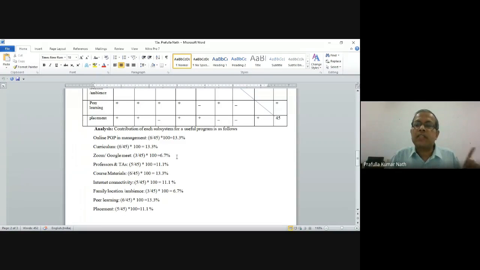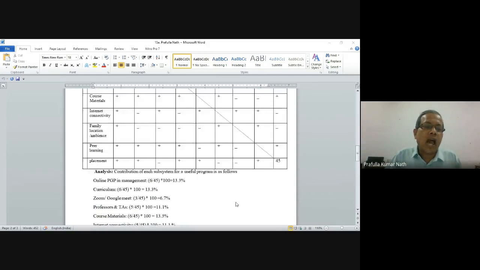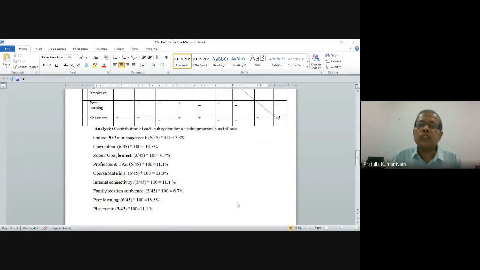Due to pressure and time constraints, peer learning comes in very handy. But in online mode of teaching, this kind of facility is not there. So I have given plus and negative signs in my interaction matrix, to calculate how much each dimension contributes to the entire problem.